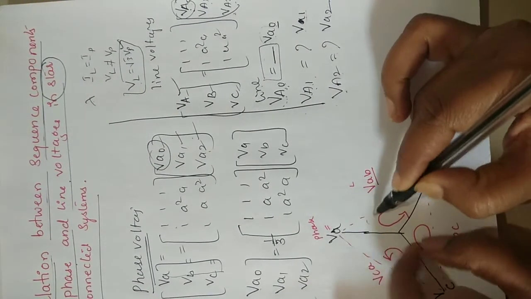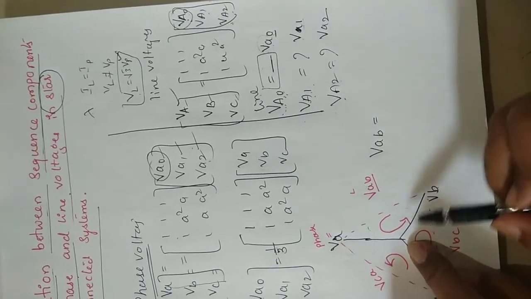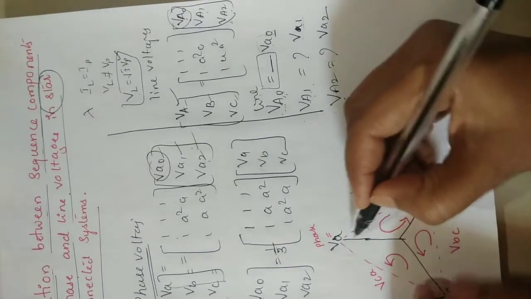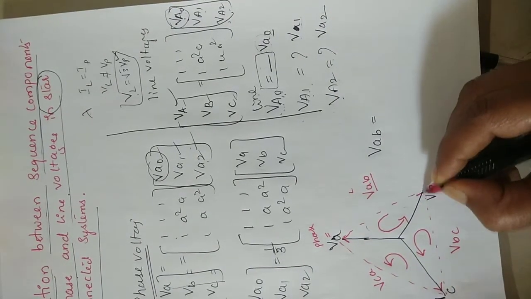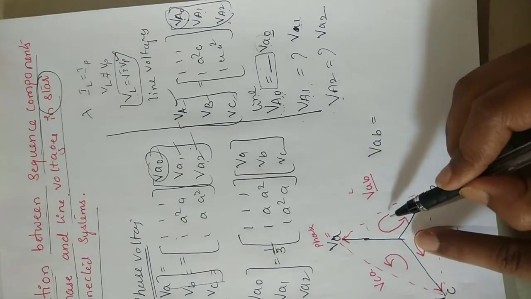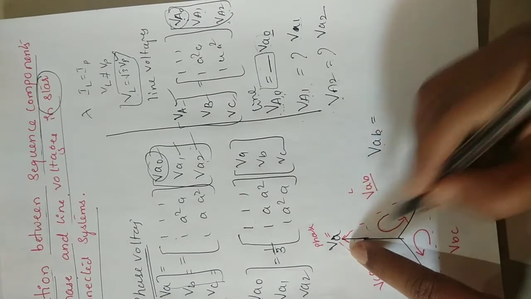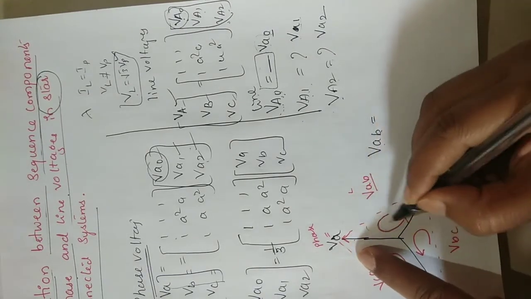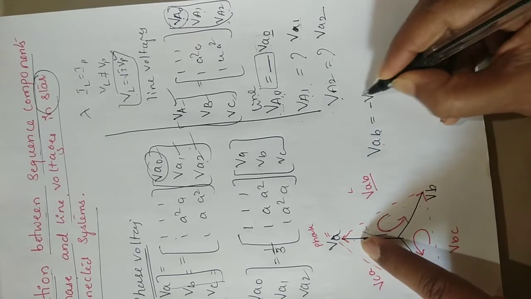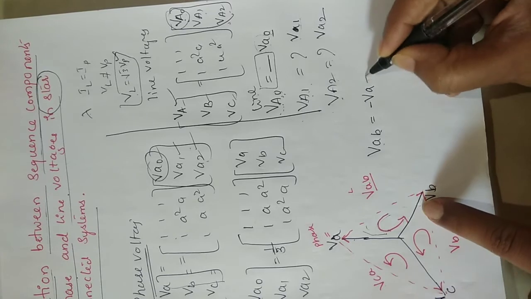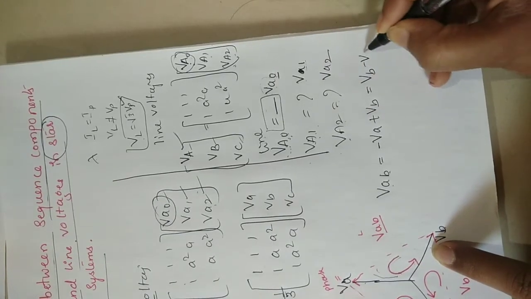Now we'll apply this to each loop. For this loop, what is VAB equal to? Observe the direction and move through this loop. This direction is opposite, so we take minus VA, and these two are in the same direction, so plus VB. This can be written as VB minus VA.